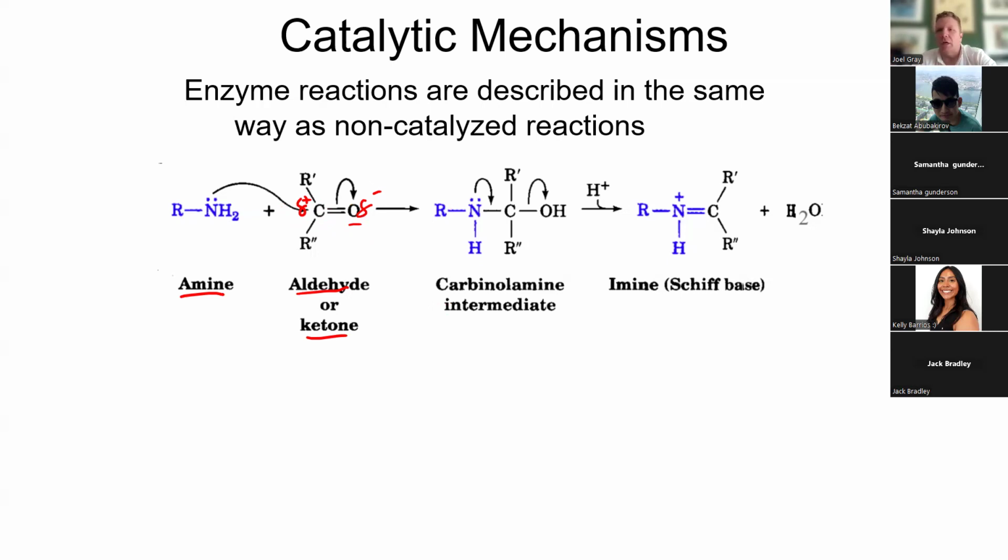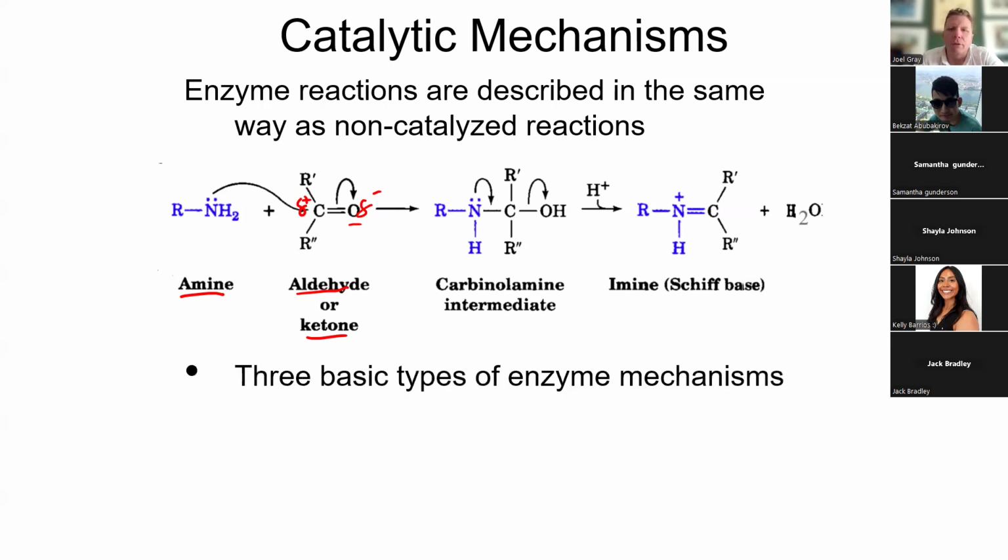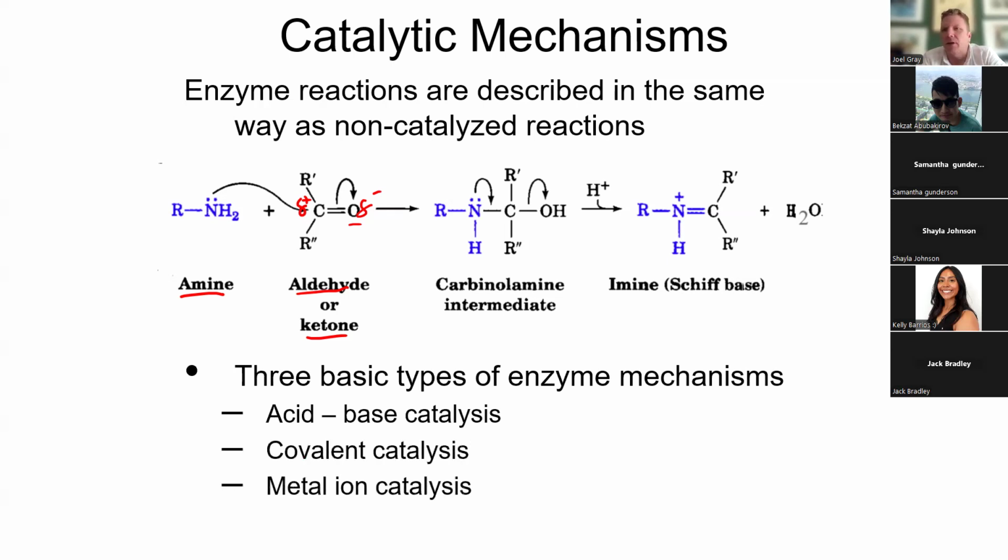What I really want you to take away from this is that we're pushing electrons around. We're finding a group that's electron deficient, and we're moving electrons to that group, targeting it. What's great to me about biochemistry is that there are three basic types of enzyme mechanisms: acid-base catalysis, covalent catalysis, and metal ion catalysis.